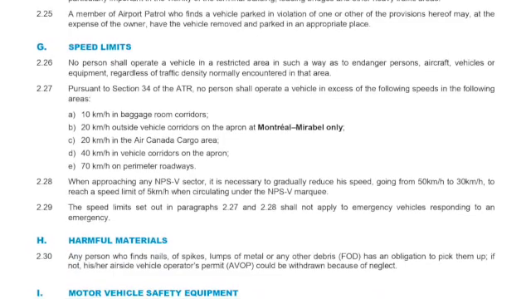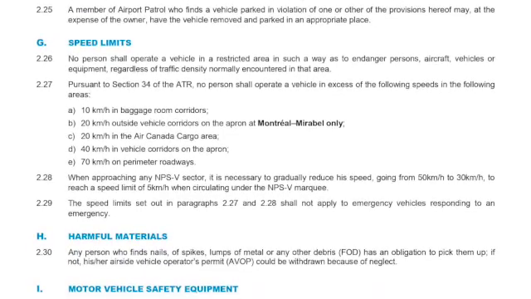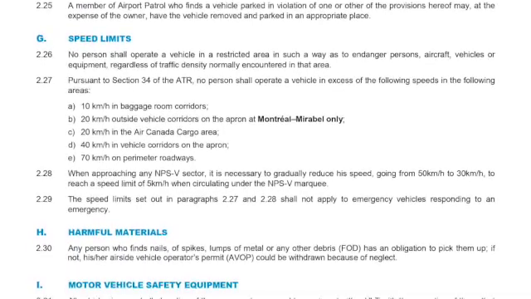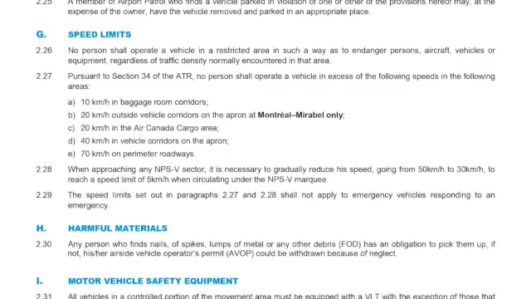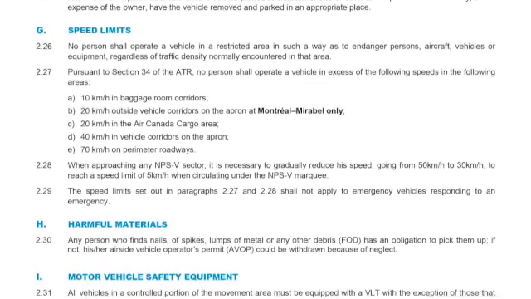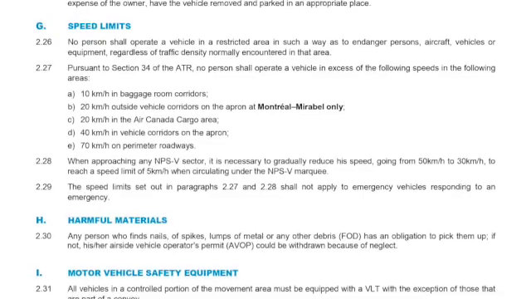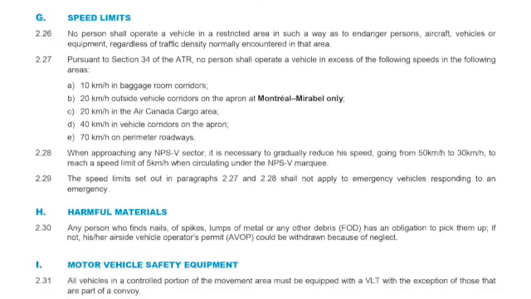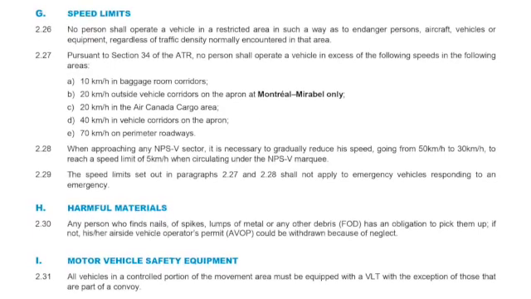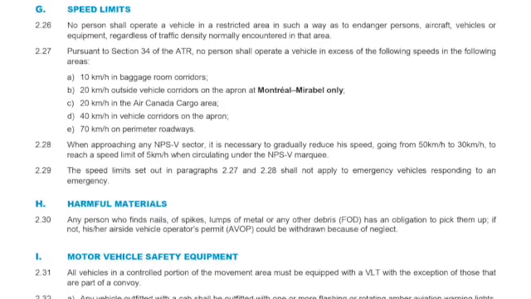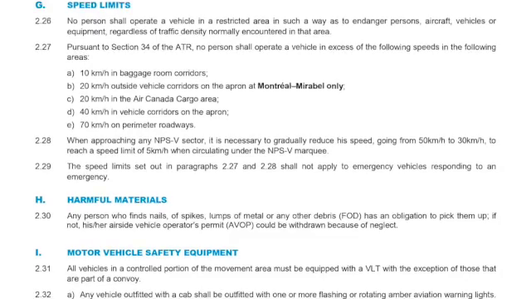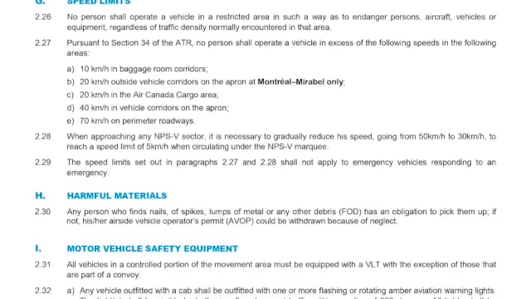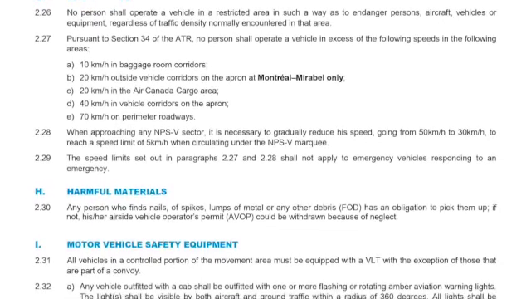28. When approaching any NPSV sector, it is necessary to gradually reduce speed, going from 50 km per hour to 30 km per hour, to reach a speed limit of 5 km per hour when circulating under the NPSV marquee. 29. The speed limits set out in paragraphs 2.27 and 2.28 shall not apply to emergency vehicles responding to an emergency.